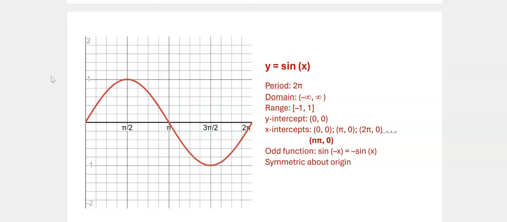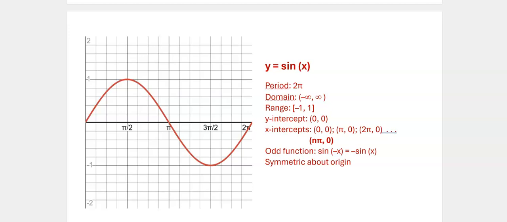Now I want to go back and talk about period. Period is the length it takes to complete one phase, to complete one cycle, or to complete one wave, I guess is the best way to say it, before it starts repeating itself.